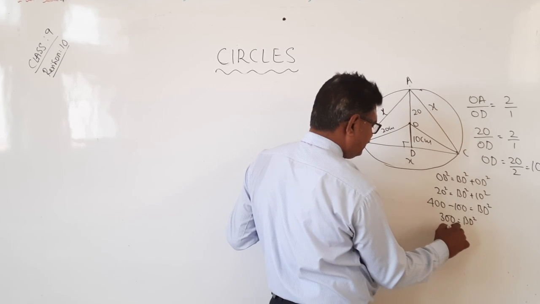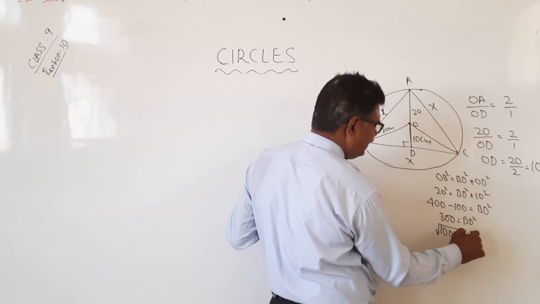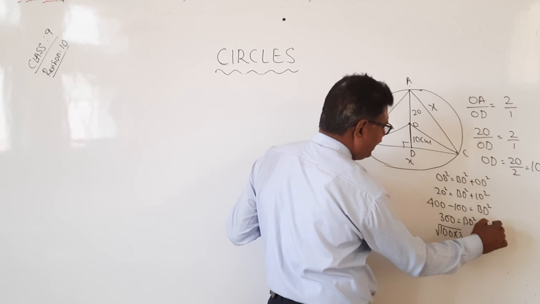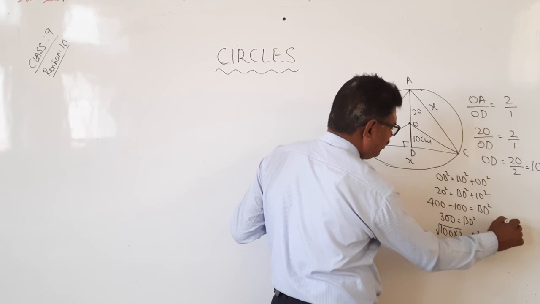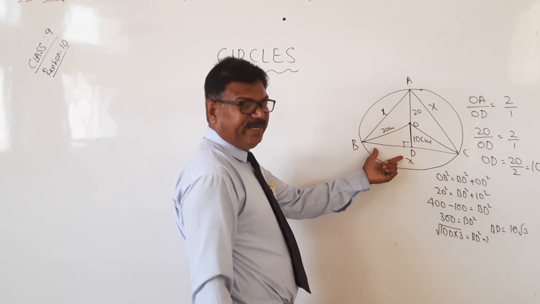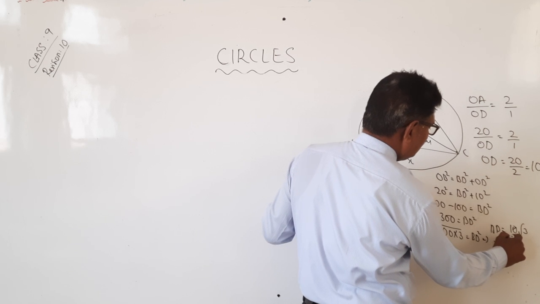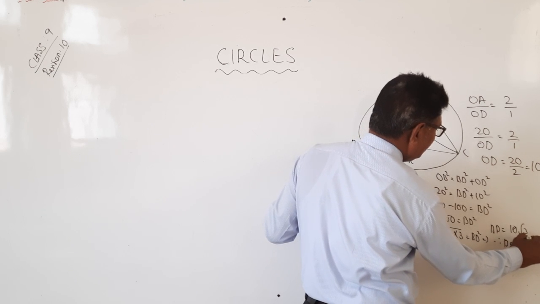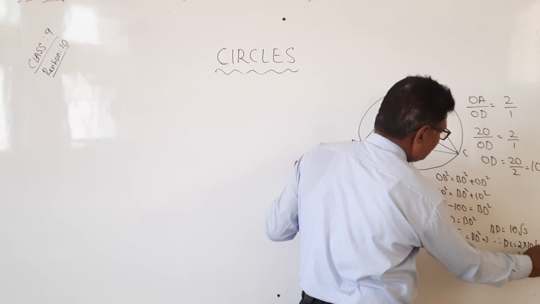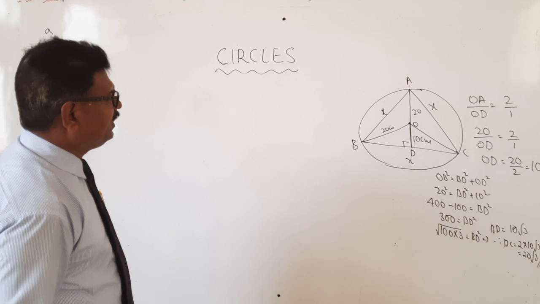Therefore, 300 can be written as 100 into 3, so BD is equal to 10 root 3. But this is BD, and it will divide into two equal parts. Therefore, BC is equal to 2 into 10 root 3, which is 20 root 3. Okay? Like this we have to find it. Very simple.